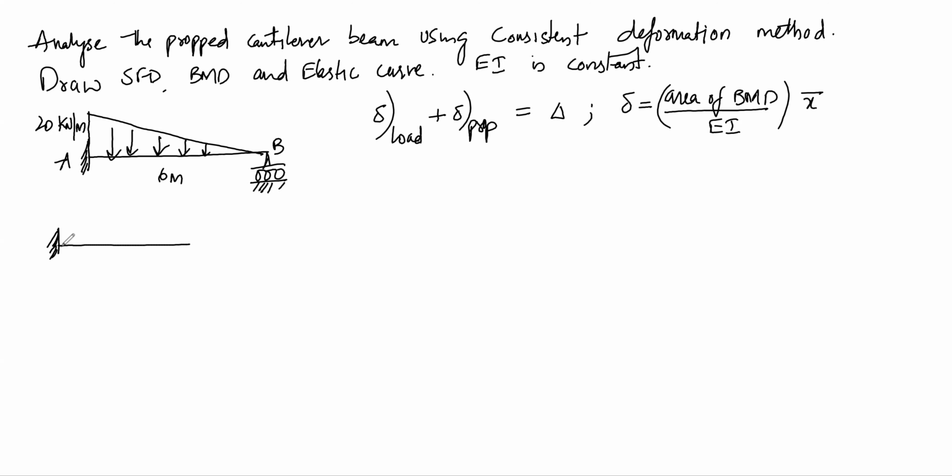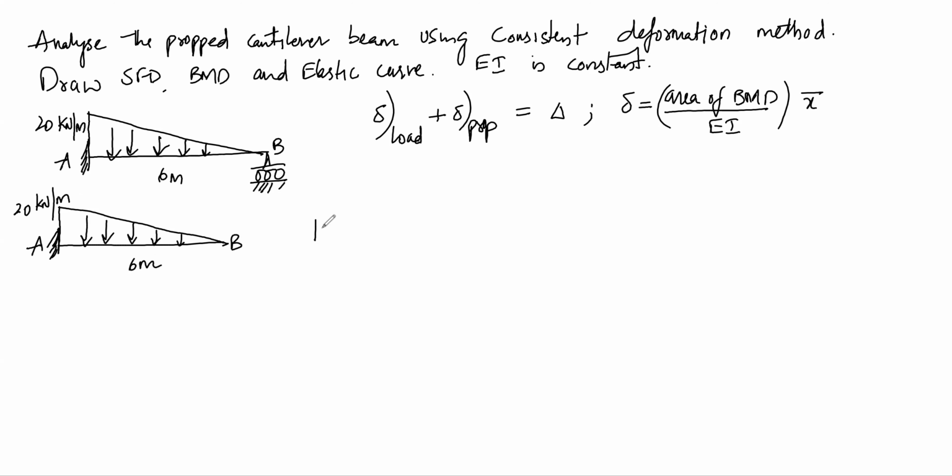as one cantilever beam with triangular load. The load is acting towards the member and the intensity is 20 kilonewton per meter with points A and B span being 6 meters.